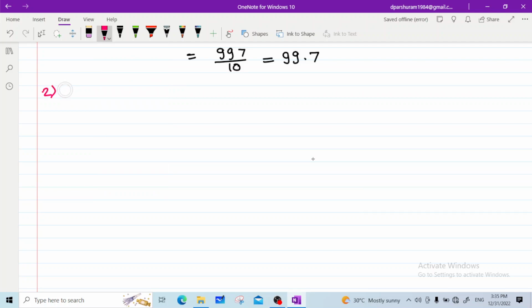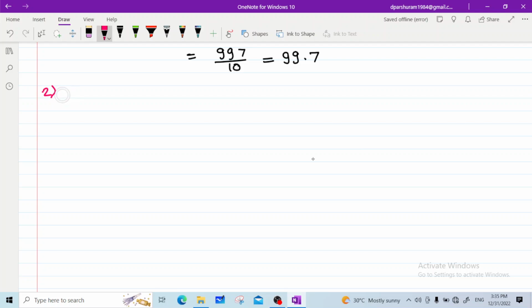Example number 2. The following is the frequency distribution of the number of telephone calls received in 225 successive 1-minute intervals of an exchange. Obtain the mean number of calls per minute.